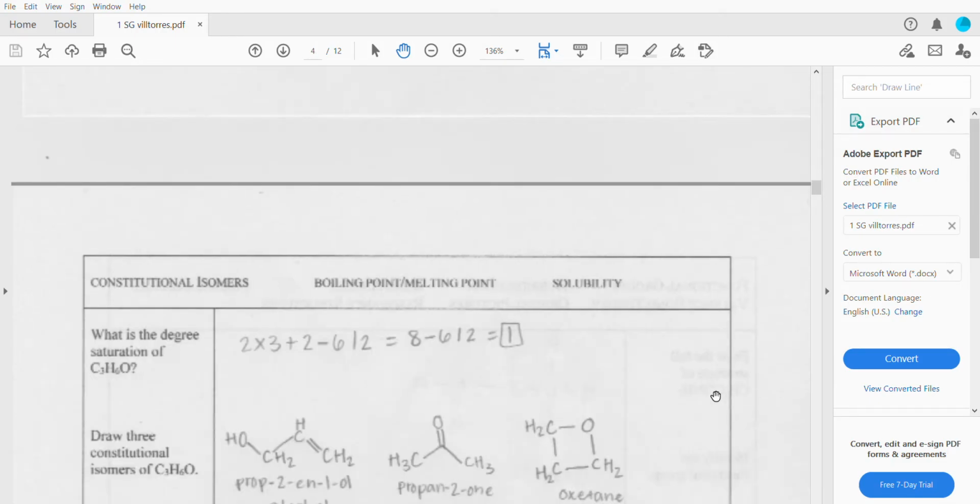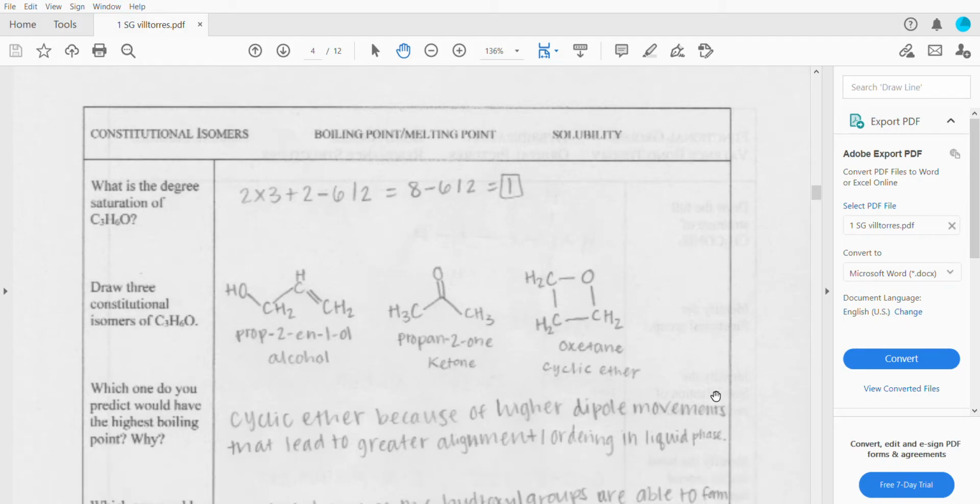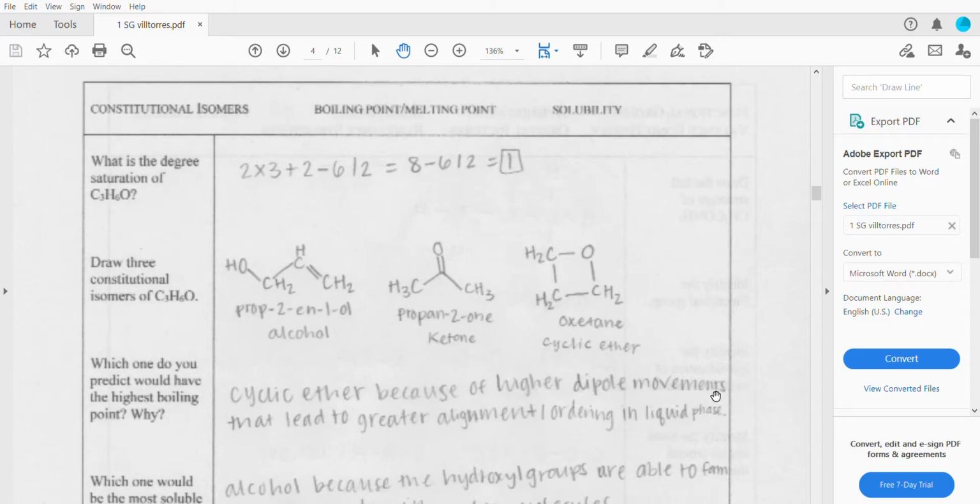Okay. So now when you look at degree of saturation, for C3H8O, its degree of saturation is 0. Again, I would highly suggest recalling the formula for how to calculate degree of saturation.